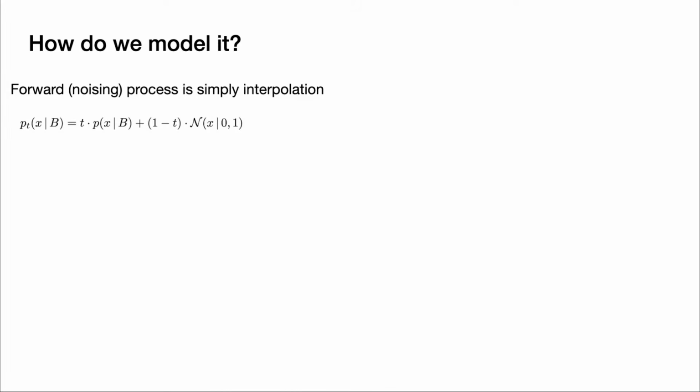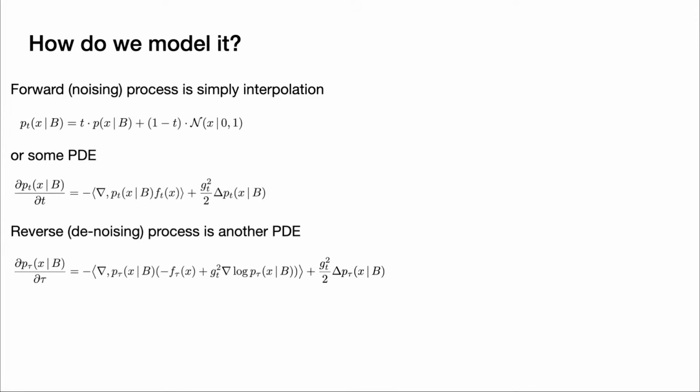Now, I think it's kind of useless to describe on the diffusion model workshop, but let me just go to, let's say, define notation. So we interpolate between some simple distribution like normal distribution and our empirical distribution conditioned on B, or we can write it down as a PDE, right, with some densities, and then we can reverse this PDE in time, and this is the model that we actually learn.